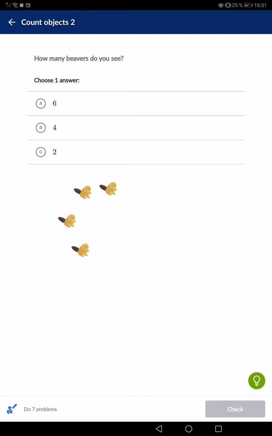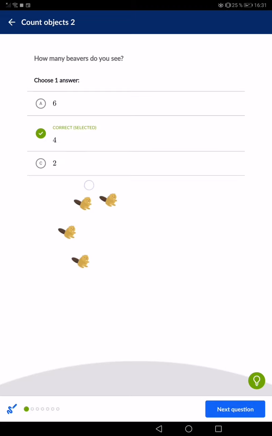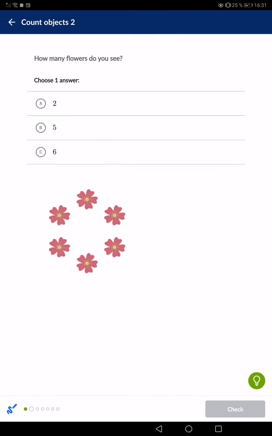Counting objects. How many beavers do you see? I see 4. How did I do this? I just know that the quantity of this picture, we give it the name 4.